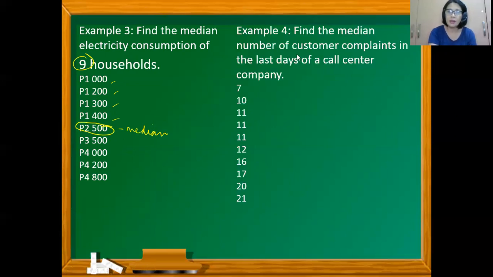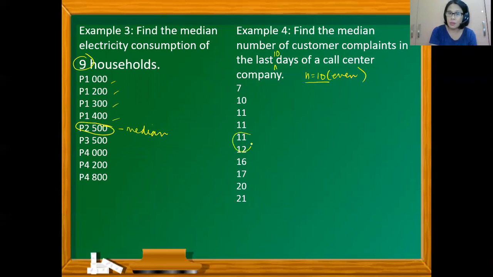Now, here, find the median number of customer complaints in the last 10 days of a call center company. So, here, n is 10, which is an even value. Again, the values here are arranged in ascending order. There are two middle values for n equals even, particularly n equals 10, so the fifth and the sixth would be the middle values.